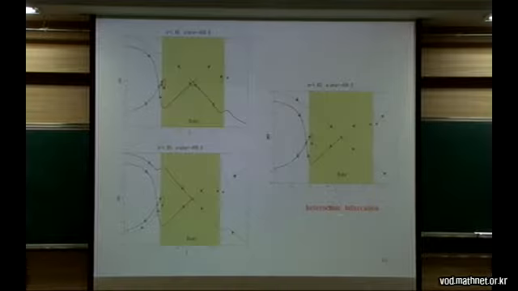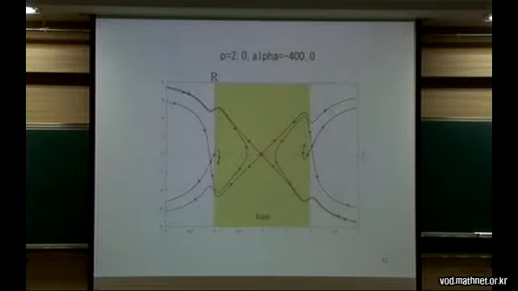But after the homoclinic bifurcation, there appears a very narrow region, say here. Then there exists a trajectory moving like this, so-called reflection type 1.